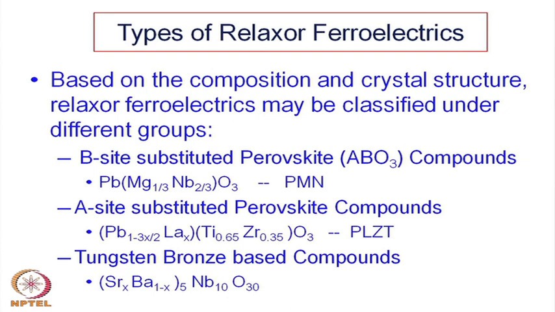Strontium has been substituted for barium in a certain fraction, and then the total formula becomes Sr x Ba 1 minus x, 5 Nb10O30. So, these are the three main groups of compounds. There are a large number of compounds under these three categories, and all of them have so-called Relaxor Ferroelectric behavior.